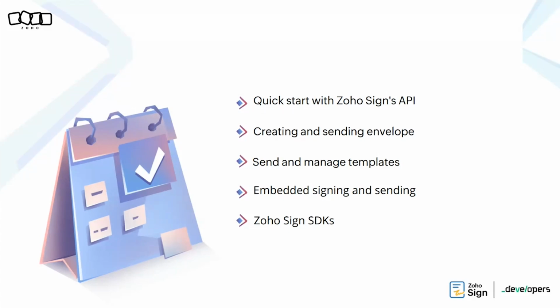Next up, we have managing documents in Zoho Sign: how you can create and send a document signature request using API, and then how you can manage that, with actions like recalling or reminding recipients. All that can be done via API, so we'll have a look through those APIs.